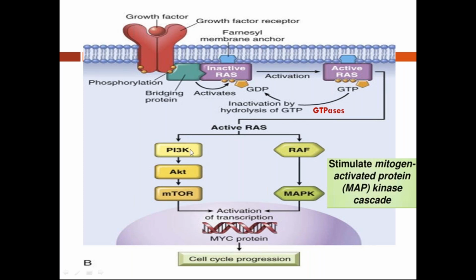These signal transducing pathways activate the transcription factor. There are two common pathways in the cytoplasm: PI3K and RAF. If you can remember these two, it's enough. If you can't remember the other pathways, that's okay, but these two pathways at least you remember.